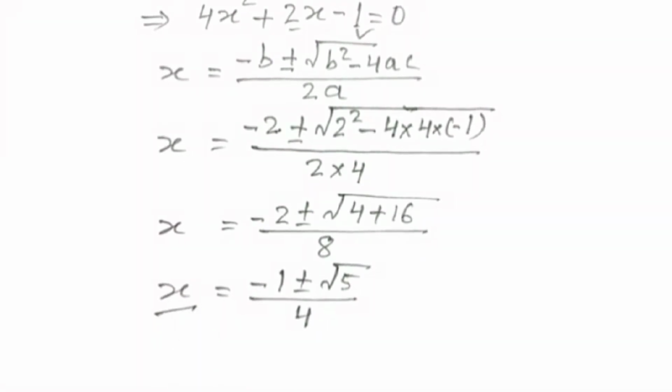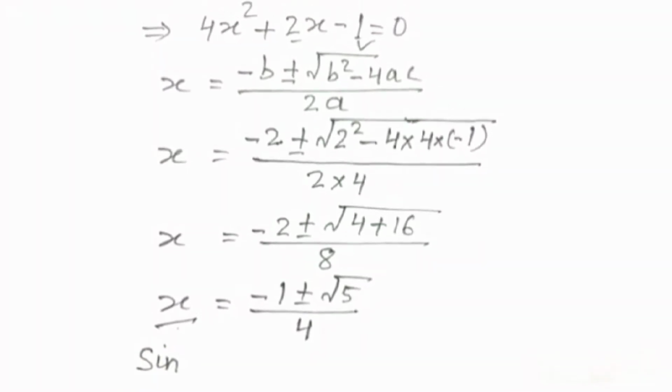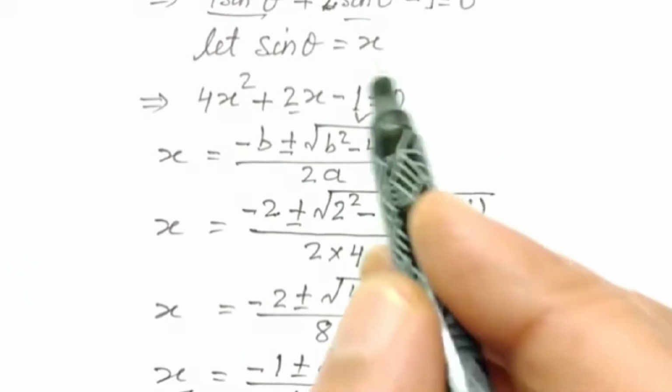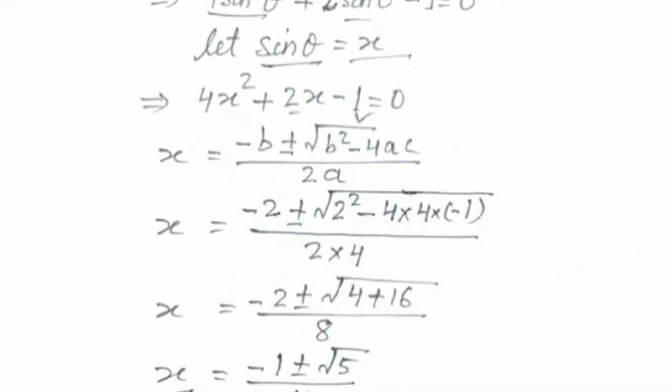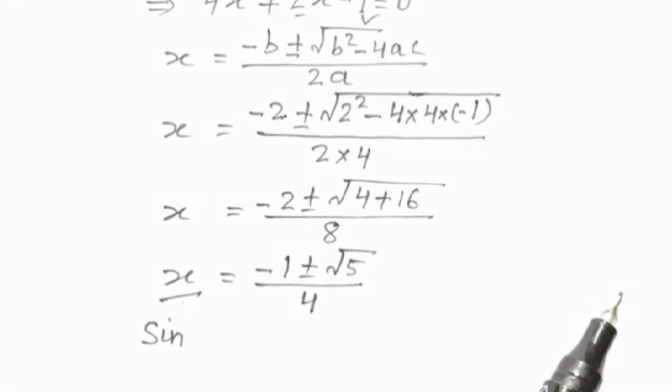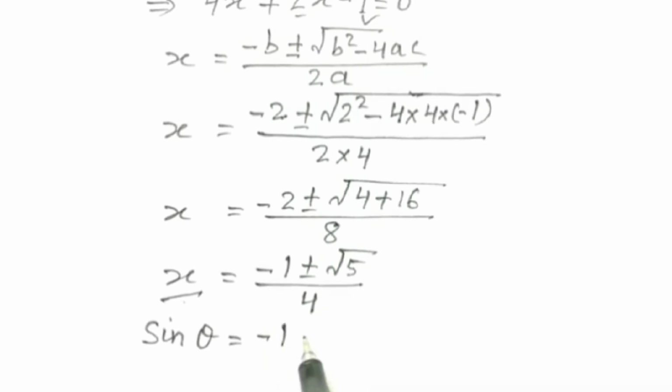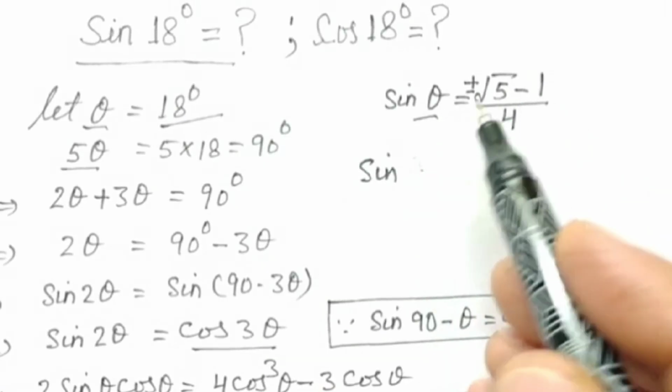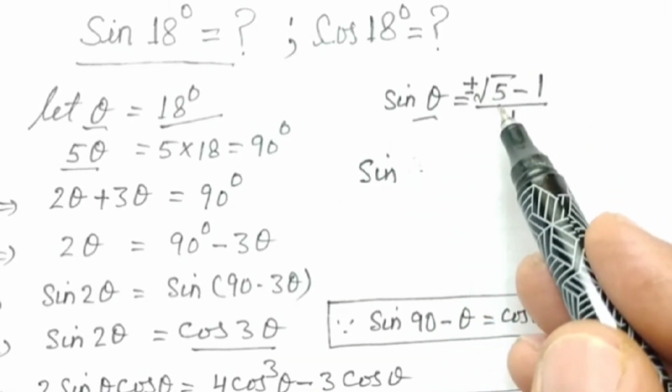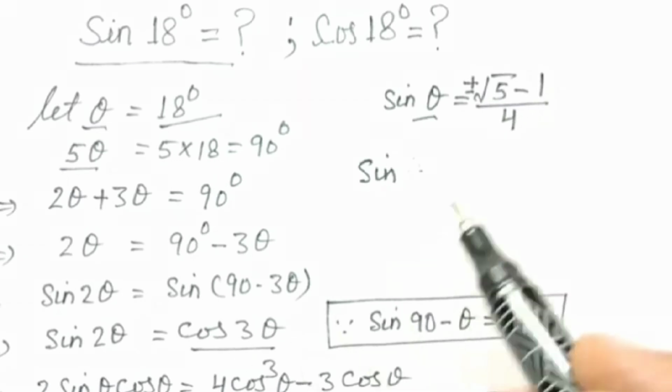So as we have assumed, x is equal to sine theta, right? So sine theta is equal to minus 1 plus minus square root of 5 over 4. So sin theta is equal to plus minus square root of 5 minus 1 over 4, right?